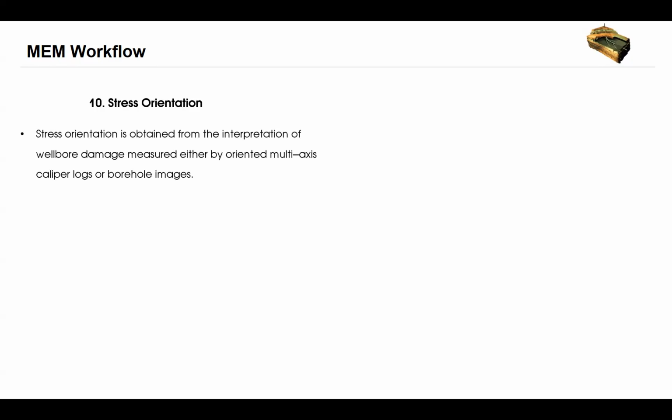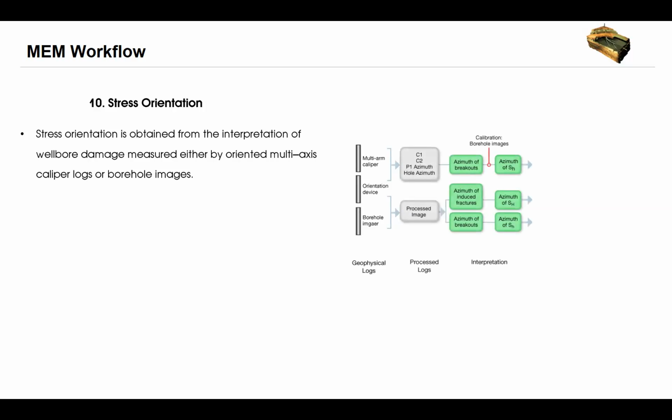So the stress orientation is obtained from interpretation of wellbore image measurements, either by multi-arm caliper or an orientation device, or also the widely used one nowadays, the borehole images, for example the FMI or UBI from Schlumberger, that are widely used nowadays to infer the azimuth of induced fractures or breakouts.